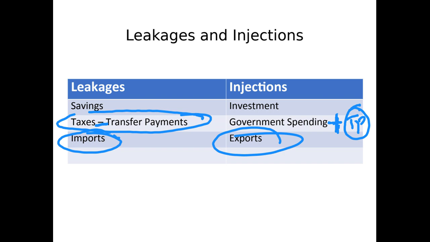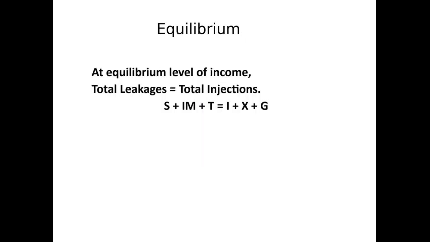So suppose leakages are greater than injections, or leakages are less than injections, what would happen? Look at this next slide. I've already discussed this, which we will discuss later as well. At the equilibrium level of income, total leakages must equal total injections.